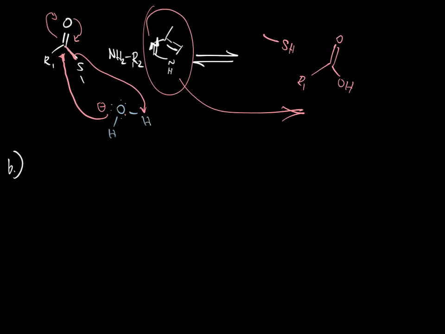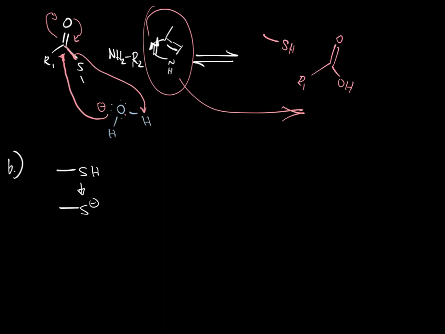So this reaction has 2 parts, right? The first one is where the cysteine is a nucleophile, right? So the cysteine is a nucleophile, and so we need this cysteine to be negatively charged. We need that. Then we also have the base, right?